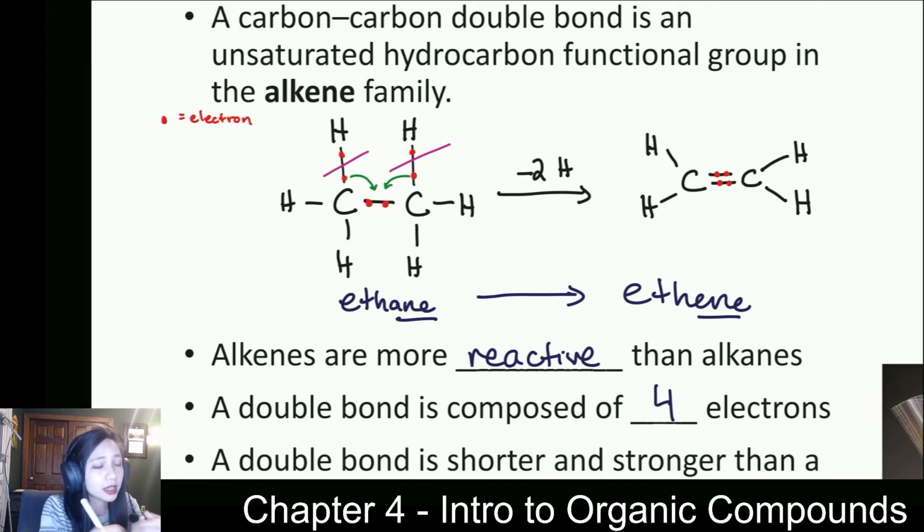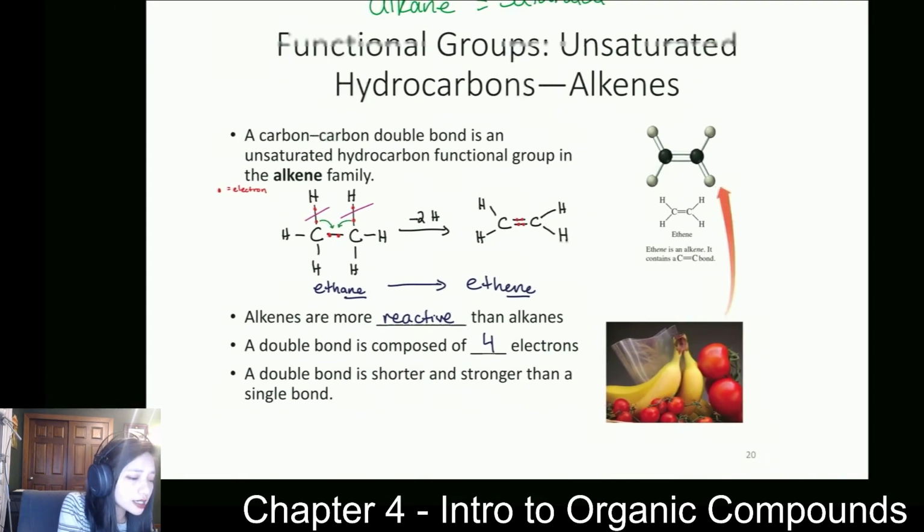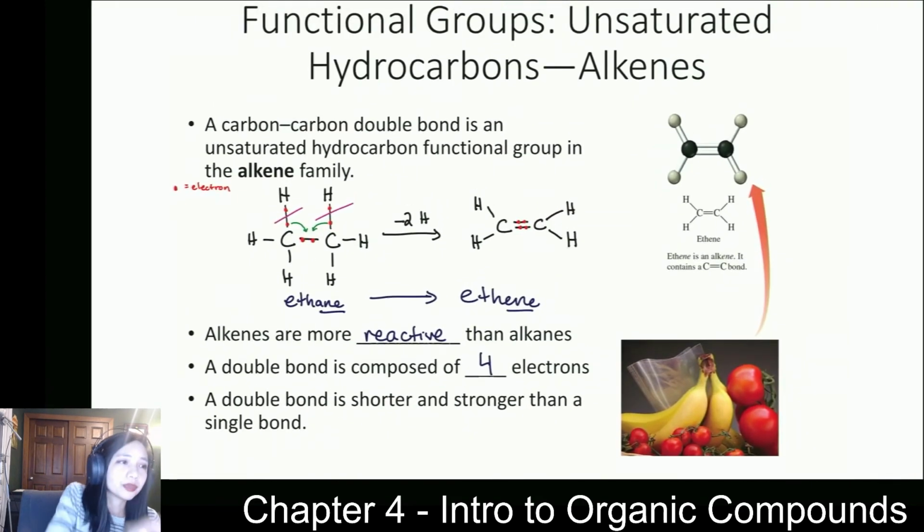That will be the second component of the double bond. So those 2 hydrogens go away, but these 2 electrons go between the 2 carbon atoms, and we form a double bond that has 4 electrons total between these 2 carbon atoms. This is why we call it unsaturated, because now the whole molecule isn't saturated with hydrogens and all single bonds. Now we have double or triple bonds.